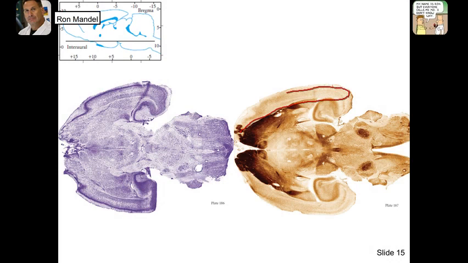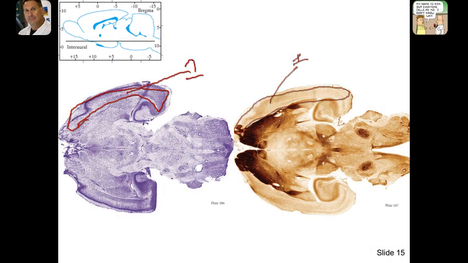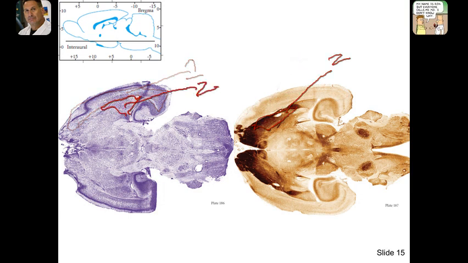Here's the cerebral cortex here. And we've got the caudate here. And then we're very ventral here. And so this is the nucleus accumbens.